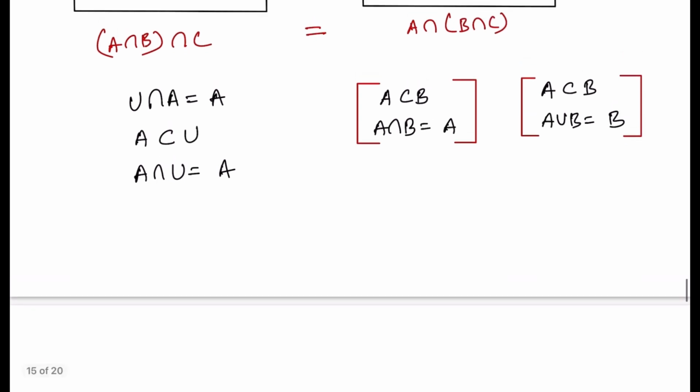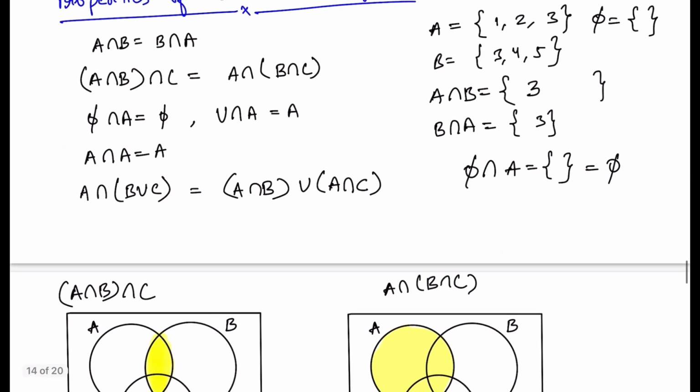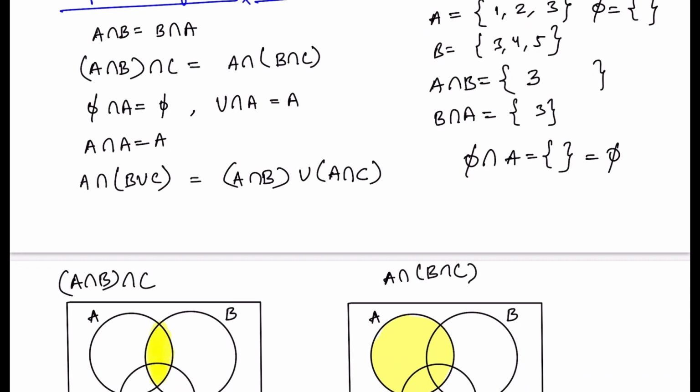Next, we'll move on to the next property, which is A intersection A. These two sets are equal basically. A has some elements, and this A will also have the same elements.